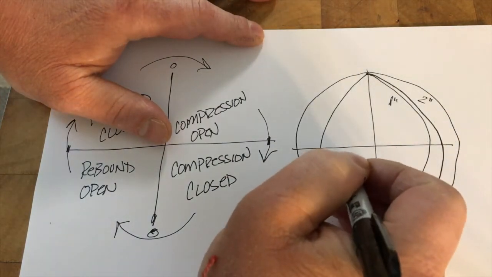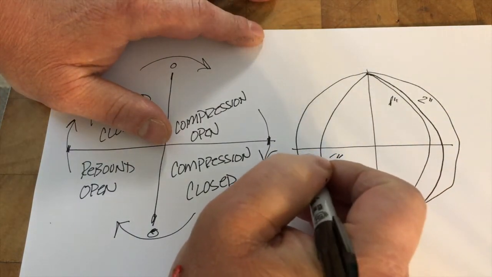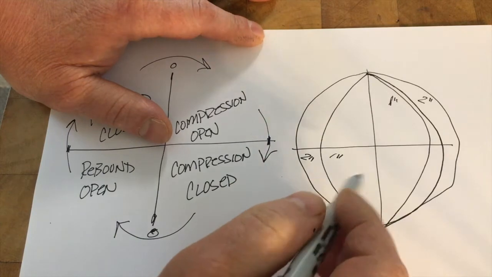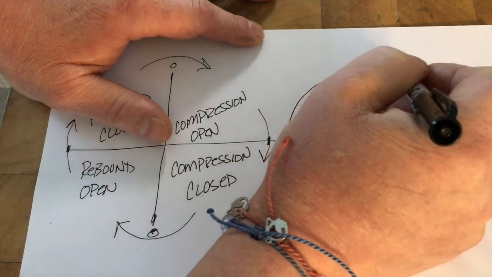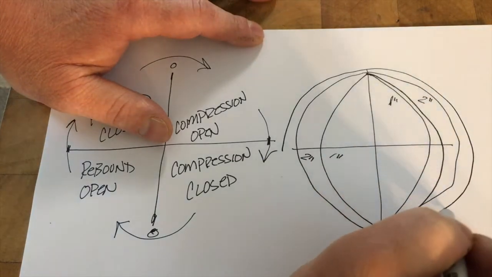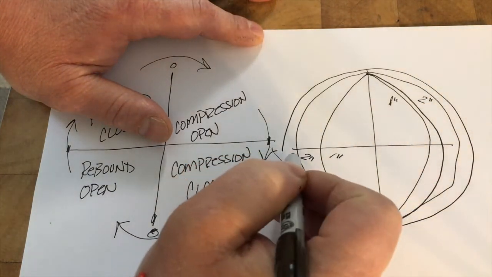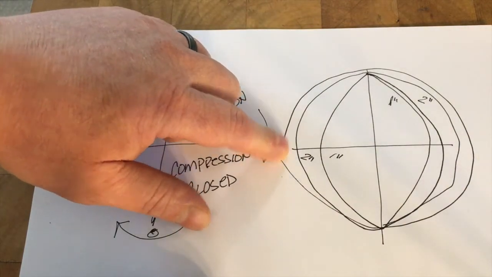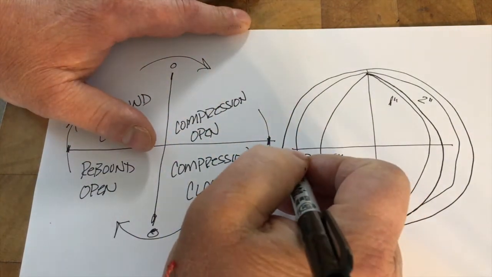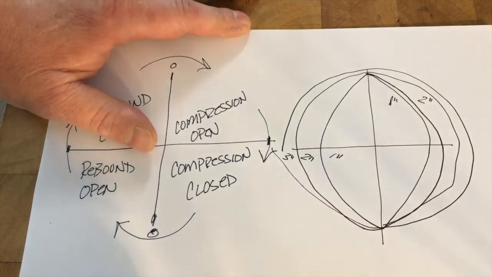You know, your 1 inch here in rebound, your 2 inch here in rebound, and then you'll have a 3 inch in rebound, and so on. Usually these get up to around 10 inches a second or so. But that's what that is.